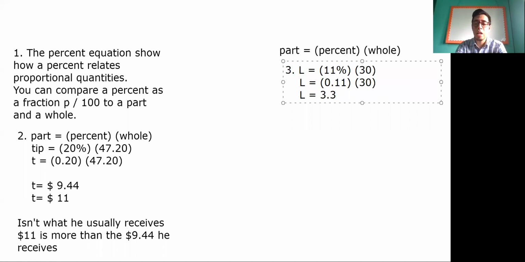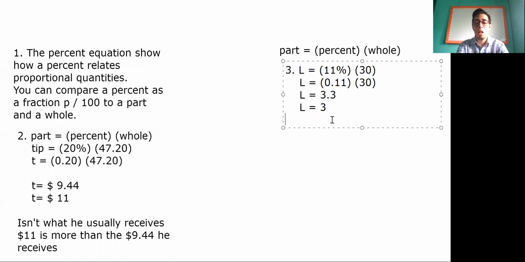But how can I represent 3.3 people? I'm going to take only the 3, because it's not possible to have 0.3 of a person, okay? I only take the whole number when I'm talking about people.